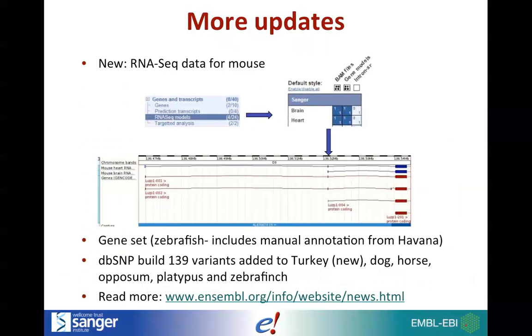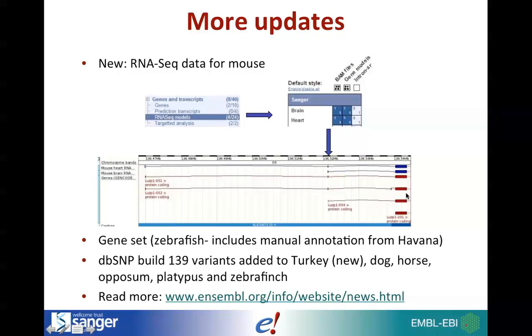Finally, we've got RNA-seq data for mouse. So we bring the RNA-seq data together to make gene models. And you can turn these on, again, in Region in Detail or Location view, which is the page I've been talking about. If I turn on the gene models, what I see is these blue transcript structures, and I can compare them to our main gene set.